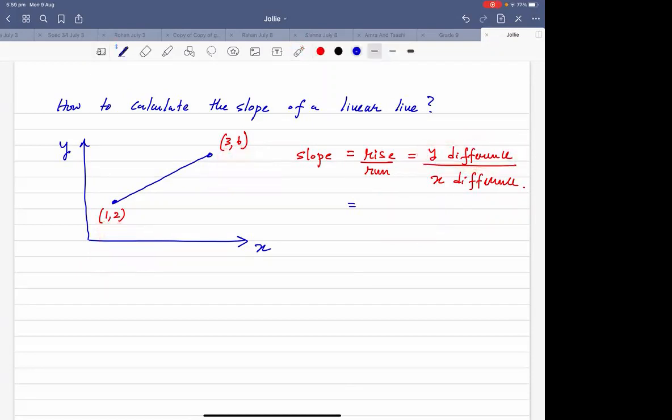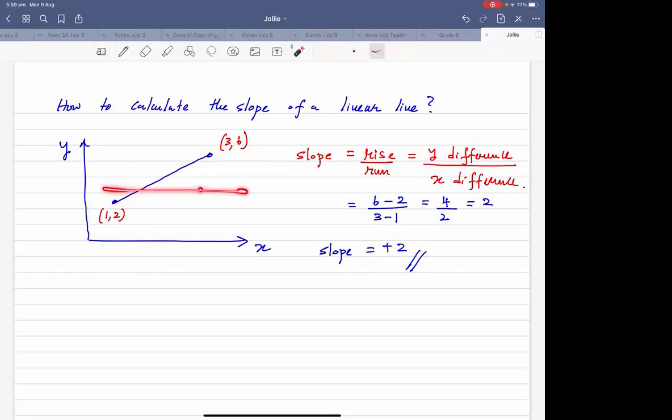So let me do that. The y difference would be 6 minus 2 divided by 3 minus 1. 6 minus 2 is 4. 3 minus 1 is 2. So the answer is 2. Yes. So we got the slope, which is positive 2. That makes sense.